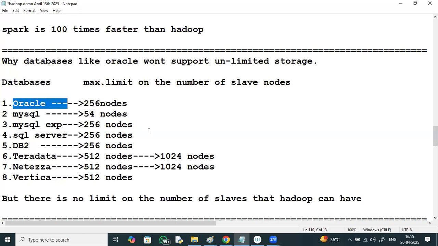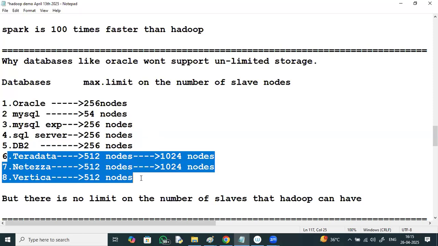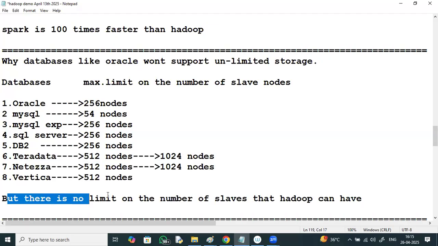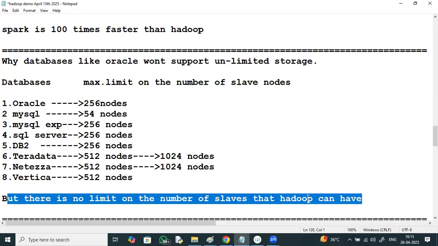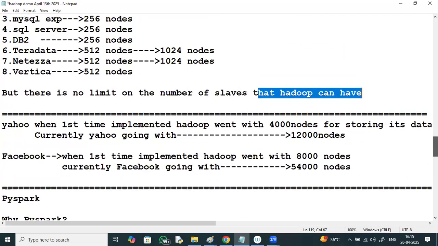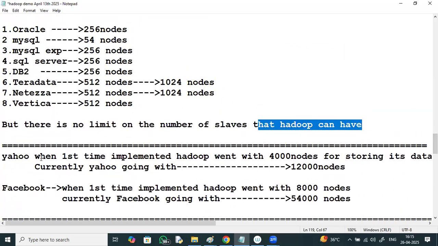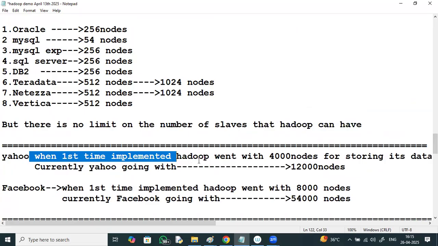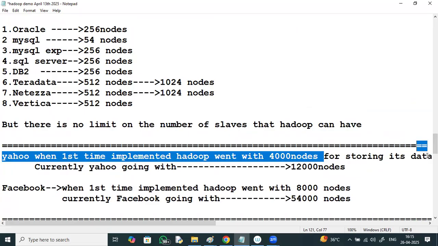But none of these databases can handle unlimited data. Unlimited data storage is not possible, but there is no limit on the number of slaves that Hadoop can have. Unlimited number of slaves, horizontally unlimited scalability. When Yahoo first implemented Hadoop, it went with 4,000 nodes for storing its data.